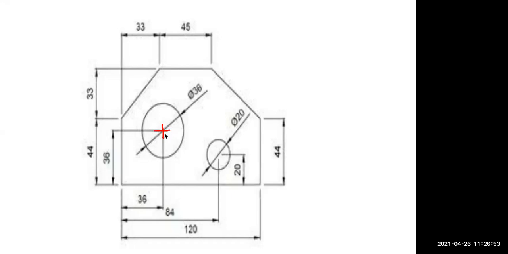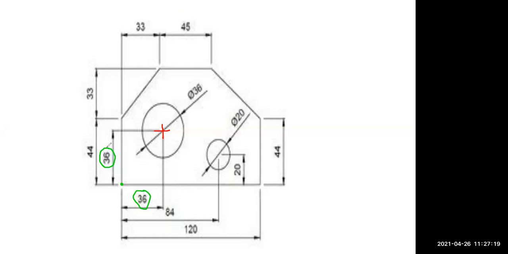So here you can see this is your center location and its distance from this point is 36 and 36. So you can do it in two ways. I will give you two ways in which you can identify that center point.